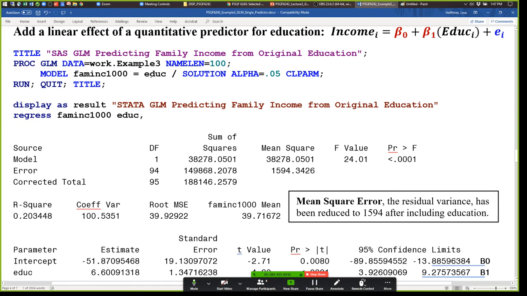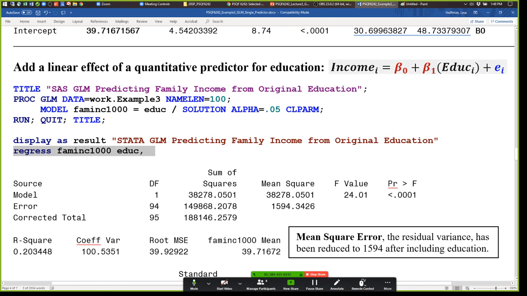Here's one more model before we adjourn. Now I'm throwing in regular original education. So education is added after the equal sign. So y equals x here. And in Stata, y first, x second. So here's the model that's being fit by this code.